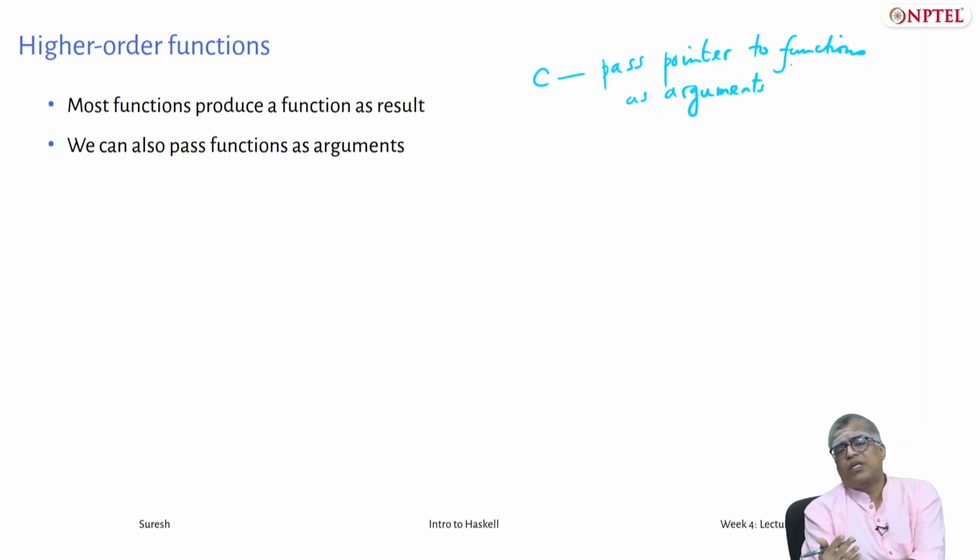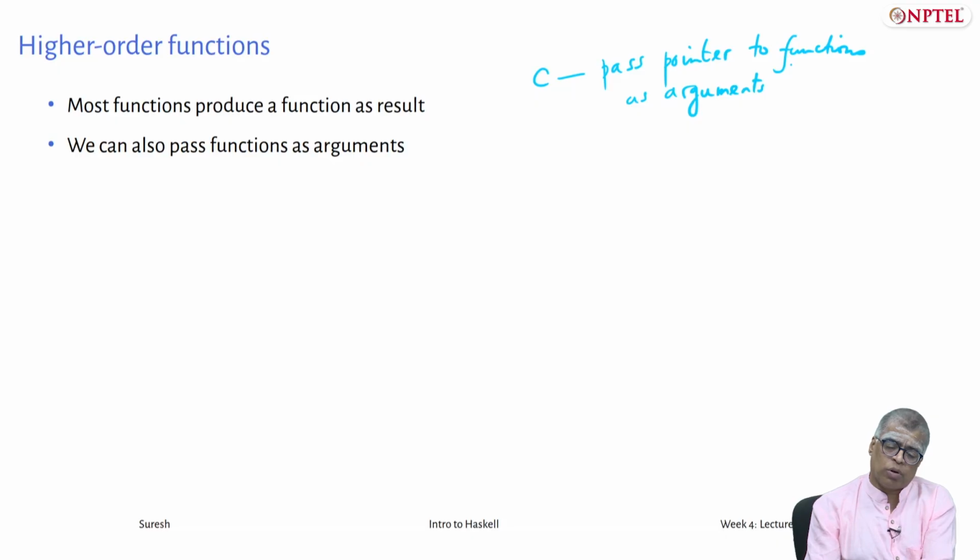This is the typical case with most languages, that you cannot pass functions as arguments. Now, more modern languages have incorporated more and more functional language features. So, you will find that it is possible to pass some kinds of functions, at least to a limited extent.